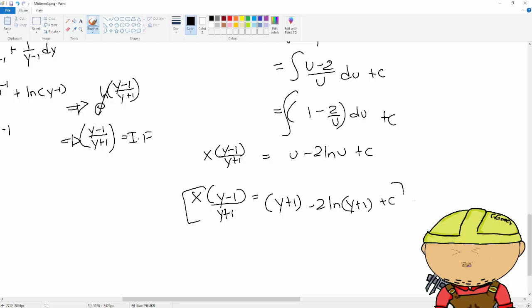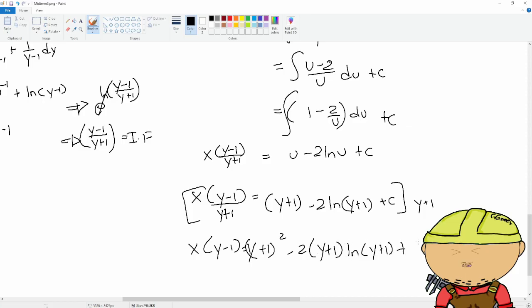Multiply both sides by y plus 1. x(y minus 1) is equal to (y plus 1) squared minus 2(y plus 1) ln(y plus 1) plus c(y plus 1).